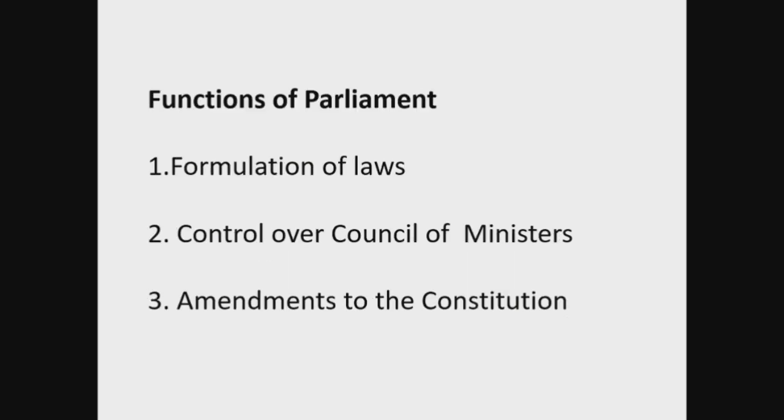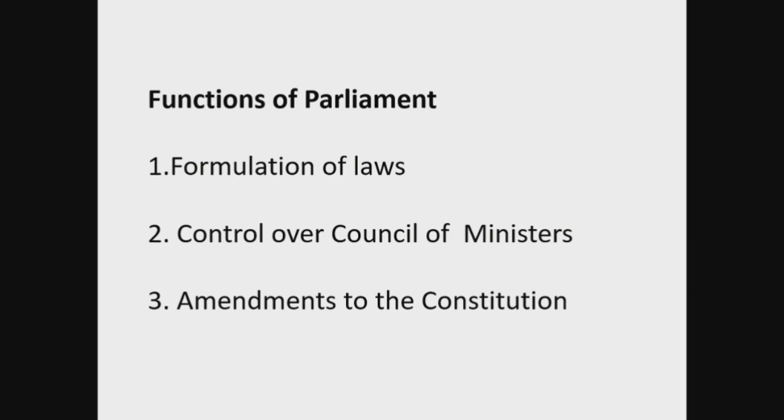Now it's time for us to discuss the functions of the Parliament. The first function, known as the primary function of Parliament, is the formulation of laws. In order to achieve the welfare of the people and the objectives of the Constitution, the Parliament has to formulate new laws.